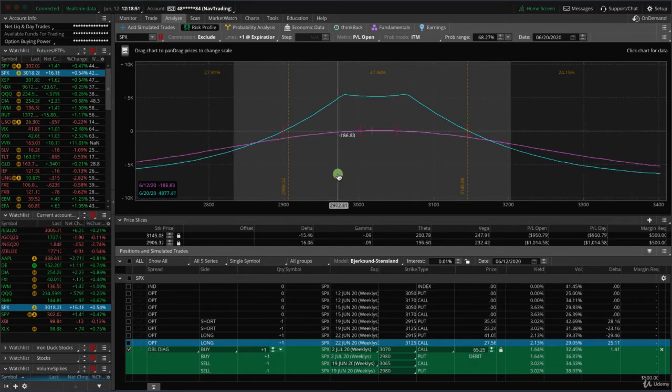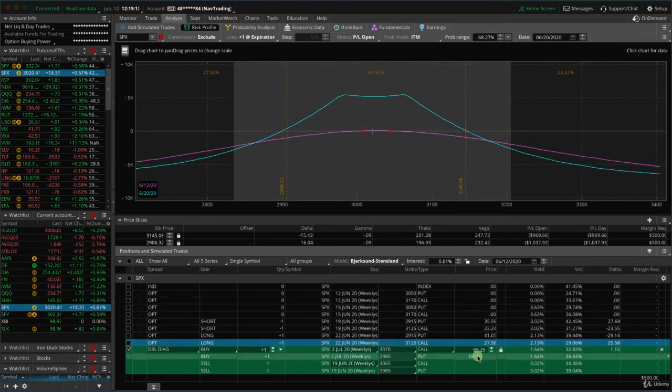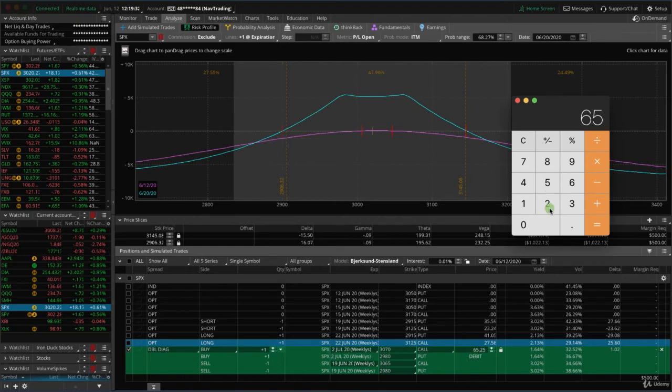Now, the last thing I want to talk about is the exit. So on this traditional one, we would typically exit at about 25% of debit paid, because obviously it's much more narrow and the amount of buying power we're using is much larger. So we're exiting at about 25% of the debit paid. So if we got down, in this case, we're paying $65.25, and this is all explained in the previous videos, $65.25 times 0.25.